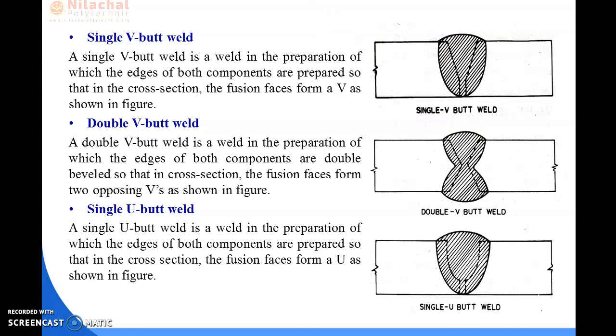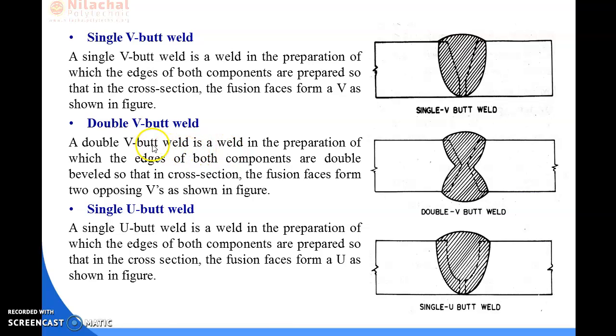Now we come to the double V butt weld. The single V is a one-sided butt weld; here you can see only one V. But in the case of a double V butt weld, the welding is provided on both sides of the plate.